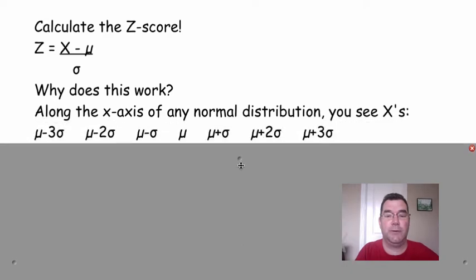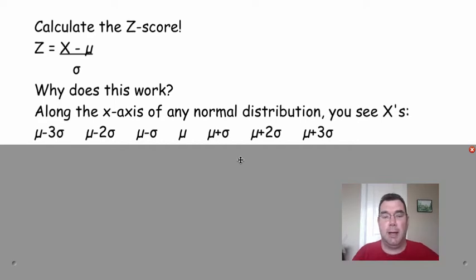If you remember when we first started talking about normal distributions and I showed you that bell curve, what was on the x-axis were these numbers right here, mu minus 3 sigma all the way up to mu plus 3 sigma, and those were the tick marks on the x-axis in that normal distribution curve.